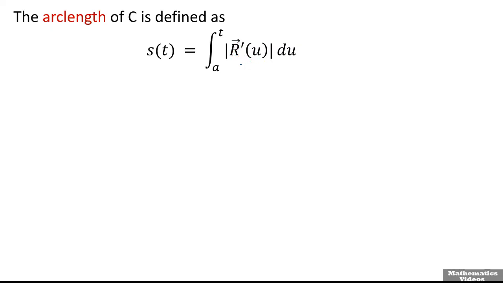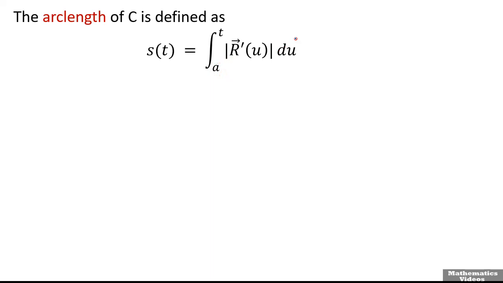Actually this formula, which is the arc length function, gives us the length of the portion of the curve starting from the initial point. We know that the initial point of the curve C corresponds to the point t equal to a.